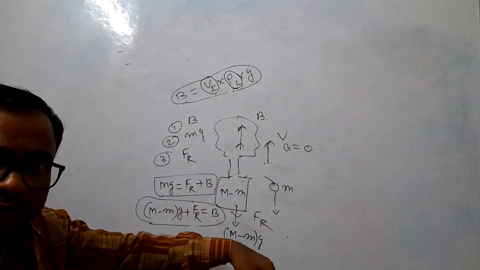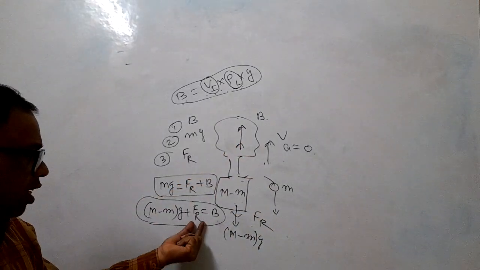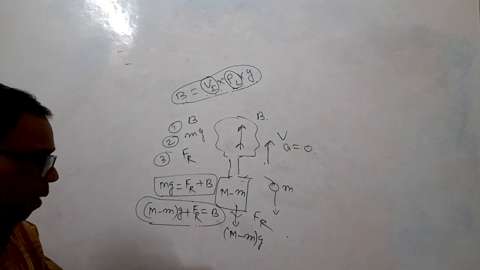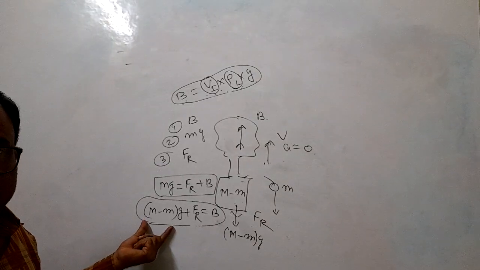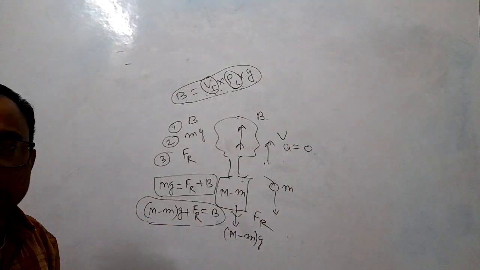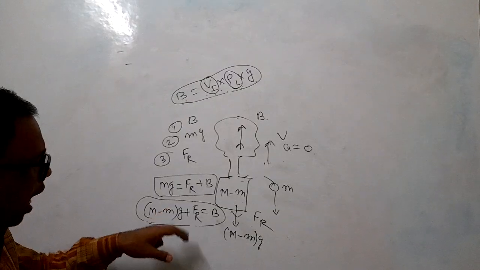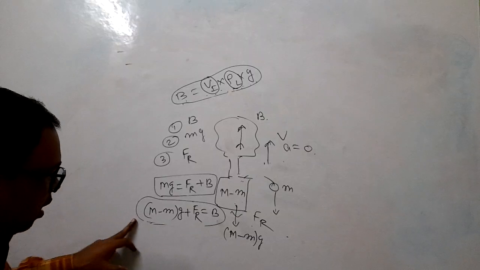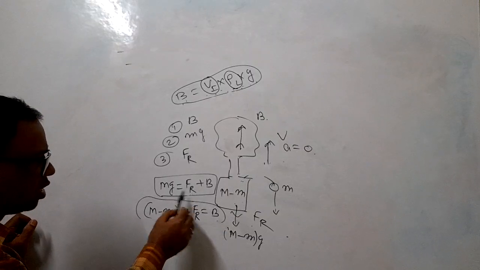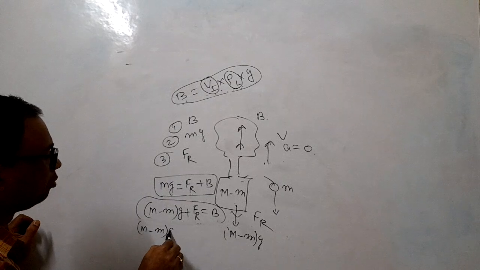Initially it moves downward with velocity v, but now it moves upward with the same velocity. So resistance force is also not changing. Only the weight, the gravitational force (M minus m) into g, changes, because some mass is released from the balloon. So you get the second equation, and this is the first equation. If you find the resistance force and put it here in (M minus m) into g.